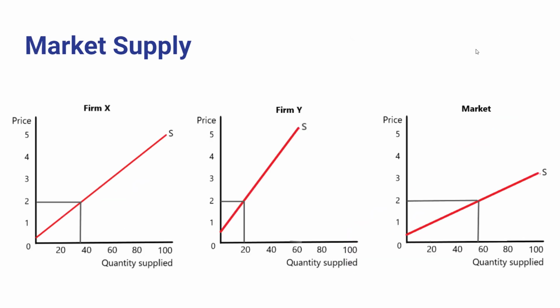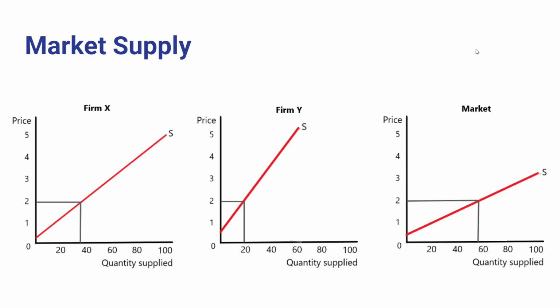Just as we talked about a market demand curve as being the sum of the demand curves of individual consumers, we can think of the market supply curve in the same way. Again, we're going to simplify and assume that there's only two firms, firm X and firm Y, in a market. And the market supply is just going to be the sum of the quantity supplied by each and every firm.